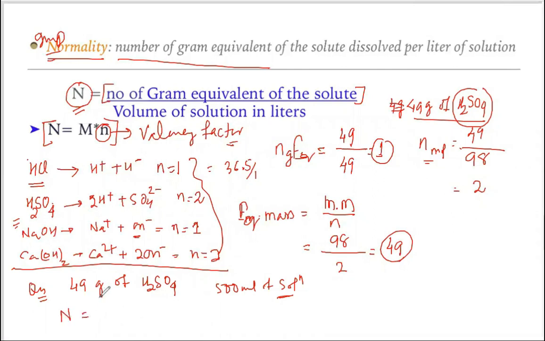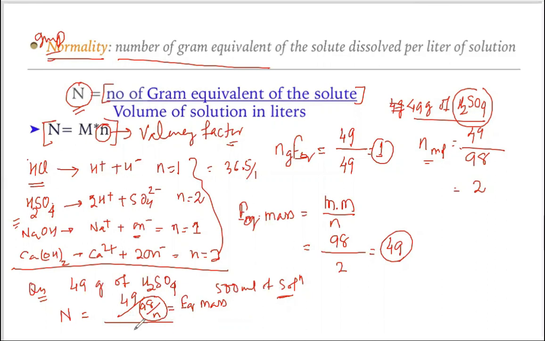How can you calculate the normality? As we already know, number of gram equivalent is the given mass of the solute, 49, divided by the molecular mass of sulfuric acid H2SO4, 98, divided by n factor. This is the equivalent mass, and the total is divided by the volume of solution in liters.